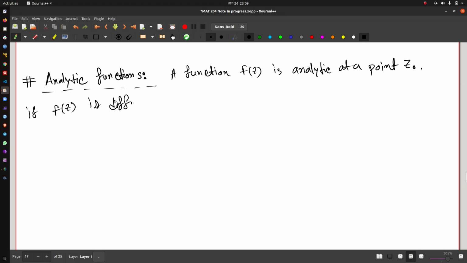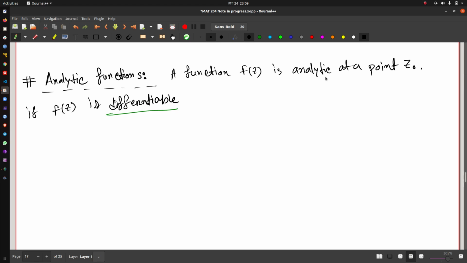Notice this word, differentiable. So when is a function f of z differentiable? When it satisfies the Cauchy-Riemann equations at a certain point z. So that's why we discussed Cauchy-Riemann equations earlier.